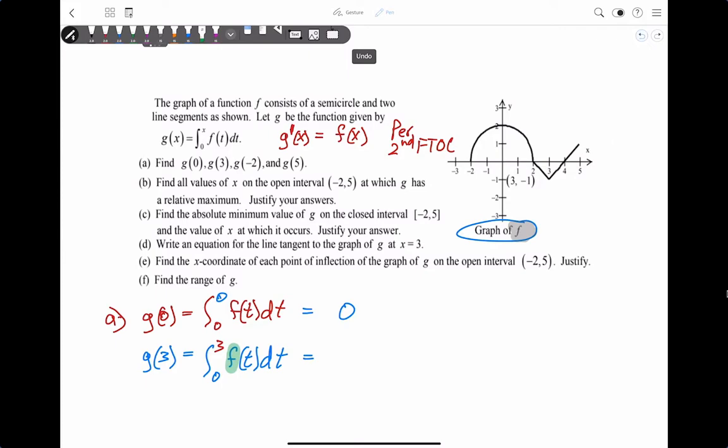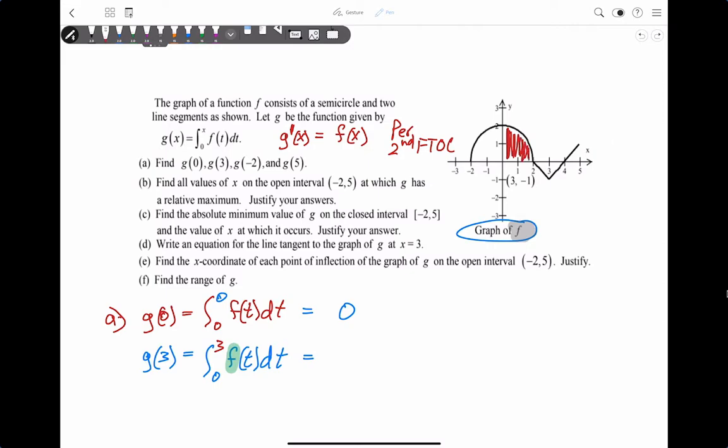And we want to integrate, aka find the area underneath the curve, from 0 all the way to 3. So we have from 0 to 2, and then we'll go from 2 to 3. Whatever this displacement is, that's going to be my y value on g. Okay, g is a function that we never see. So let's find this area here.